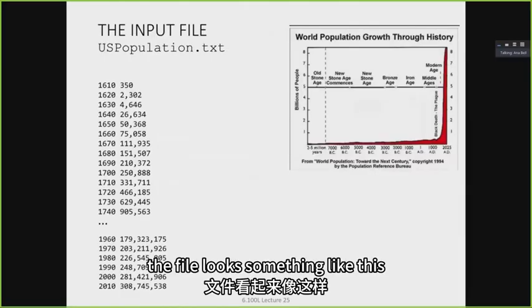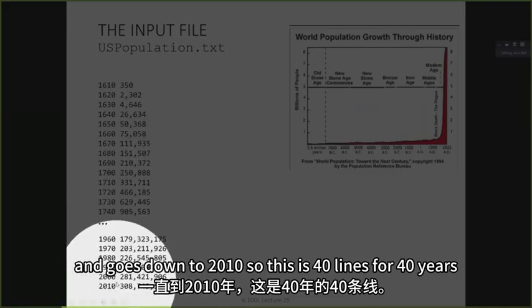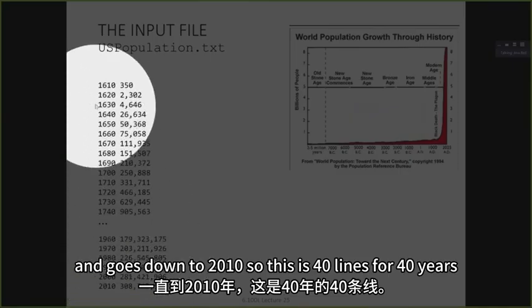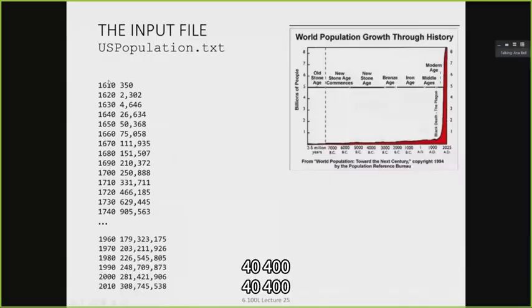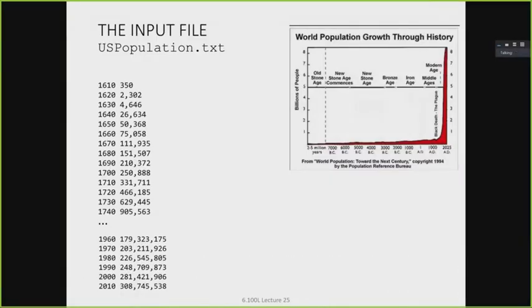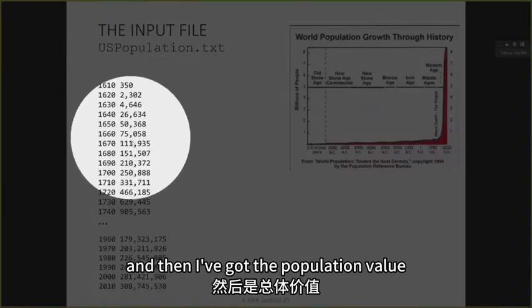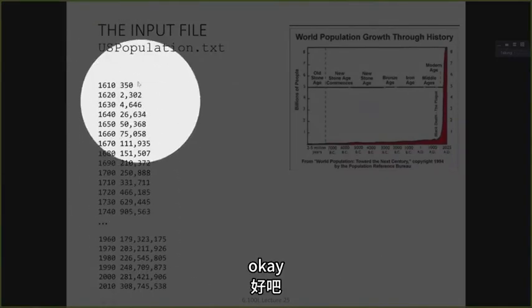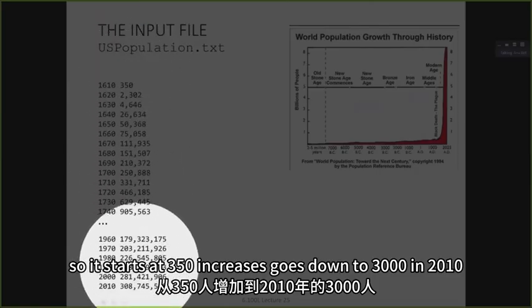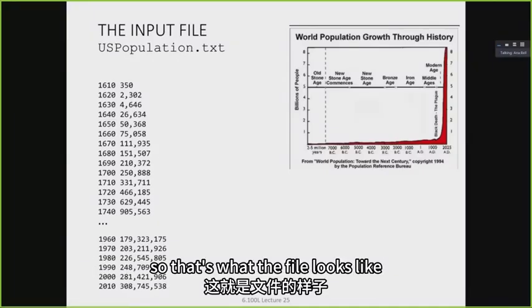So the file looks something like this. It starts at 1610 and goes down to 2010. So this is 40 lines for 40 years, 400 years every 10 years. Then there's a space in the file, and then I've got the population value. Okay? So it starts at 350, increases, goes up to 300,000 in 2010. So that's what the file looks like.